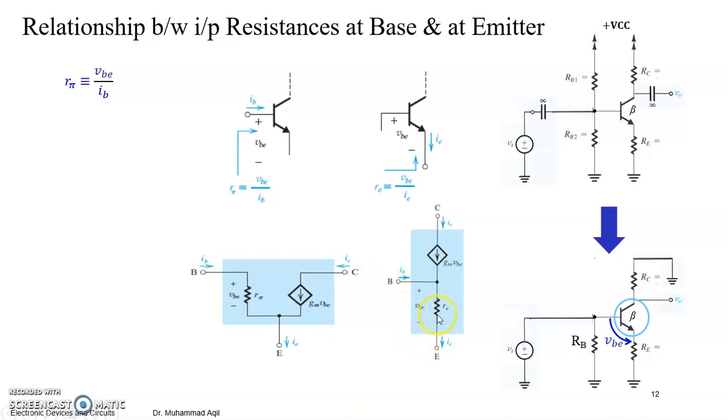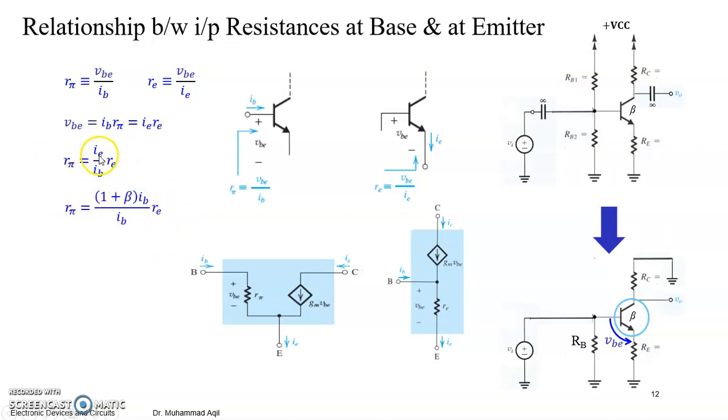So base to emitter voltage and the emitter current. So RE is VBE by IE. So r pi is VBE by IB and RE is VBE by IE. So VBE is equal to IB r pi in this case, and IE RE in this case. So these all are equal. And now if we take this part of this equality, then we can get the relation of r pi with RE like this, right?